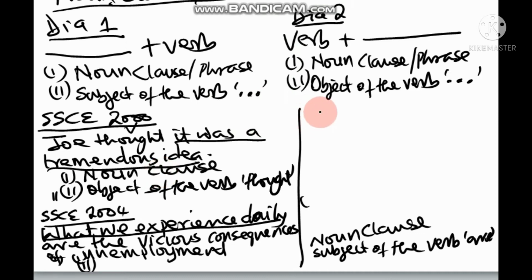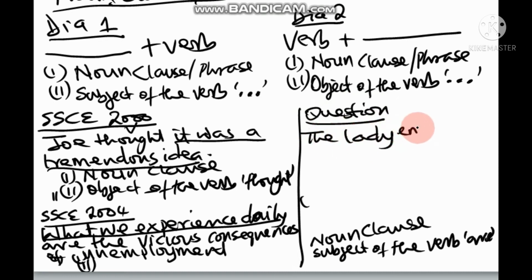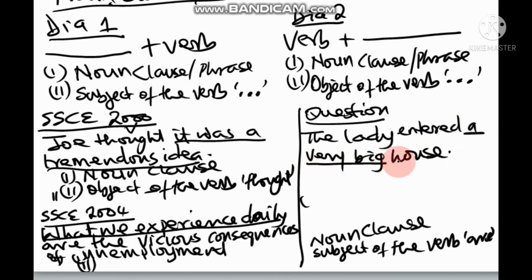But imagine we have a question like this, where they said, the lady entered a very big house, and they underlined a very big house.